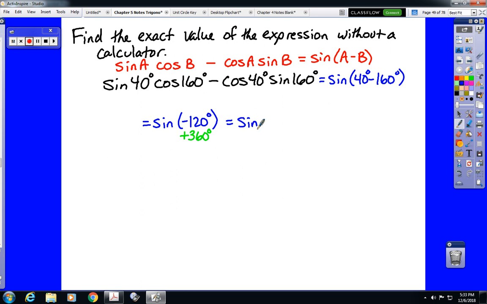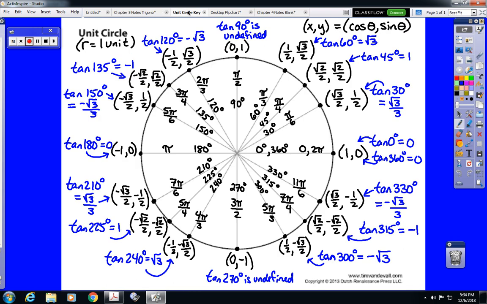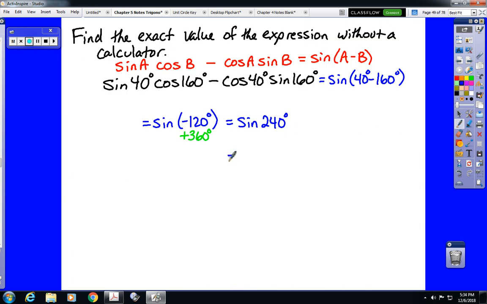So this is equivalent to the sine of 240 degrees, because negative 120 plus 360, that angle is coterminal, meaning it will have the same trig values. We go to the unit circle, we find 240 degrees, and we look up the sine, which would be negative root 3 over 2. So our answer should be negative root 3 over 2.